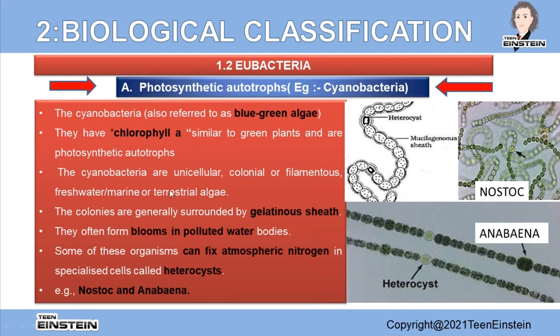You can see here, they are present in freshwater and marine water. And sometimes they form blooms in polluted water bodies. When they form colonies, you can see a type of sheet or covering around the colony.